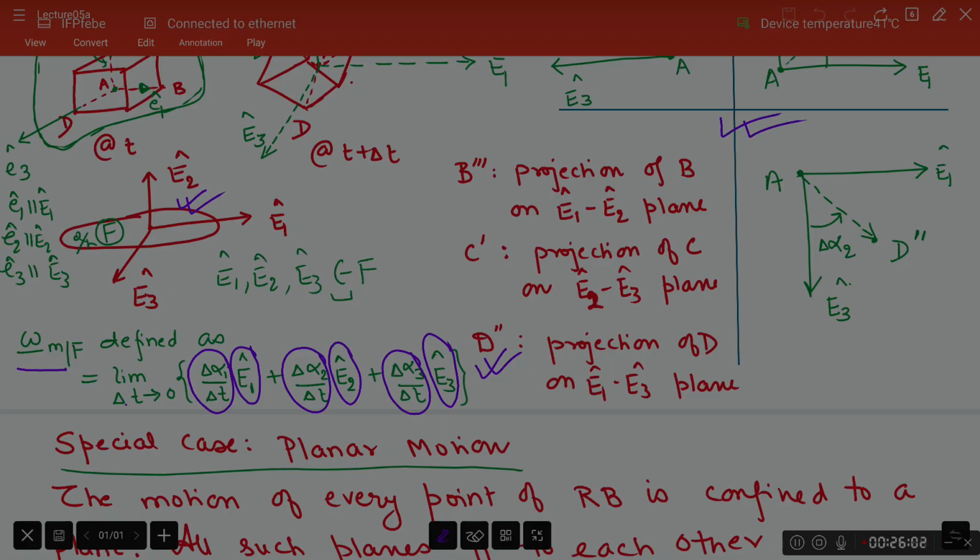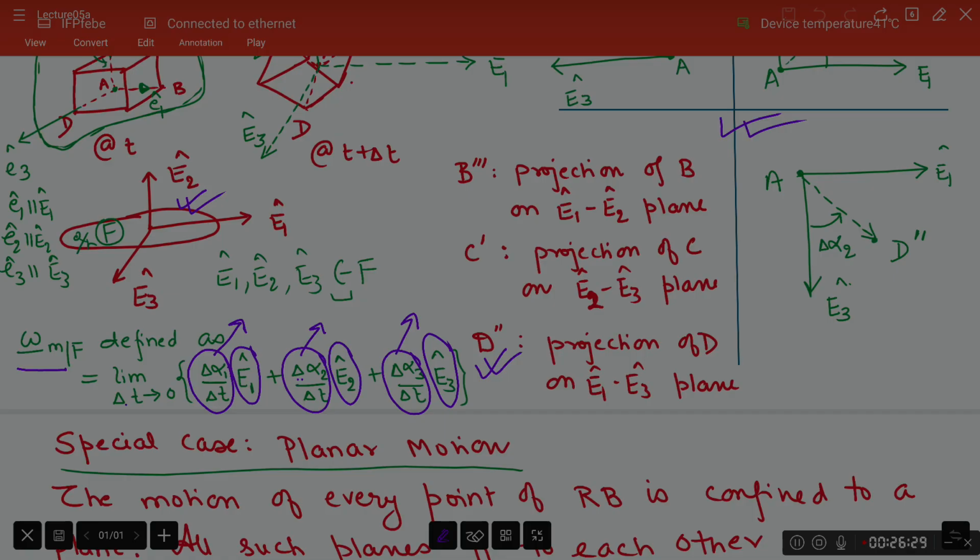in the limit delta t going to 0. So the first component of omega MF is the limiting value of delta alpha 1 by delta t with delta t going to 0. The second component is the limiting value of delta alpha 2 by delta t, and the third component is delta alpha 3 by delta t in the limit delta t going to 0.